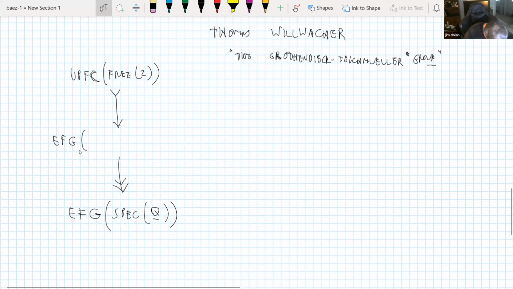of the spectrum of the rational numbers adjoined X, and also adjoin 1 over X, and also adjoin 1 over 1 minus X. I hope I'm doing that right.